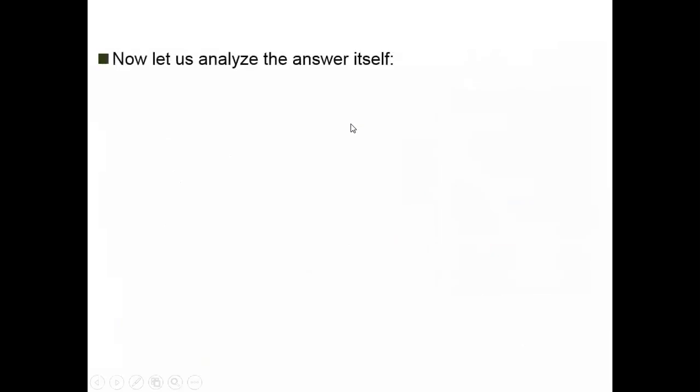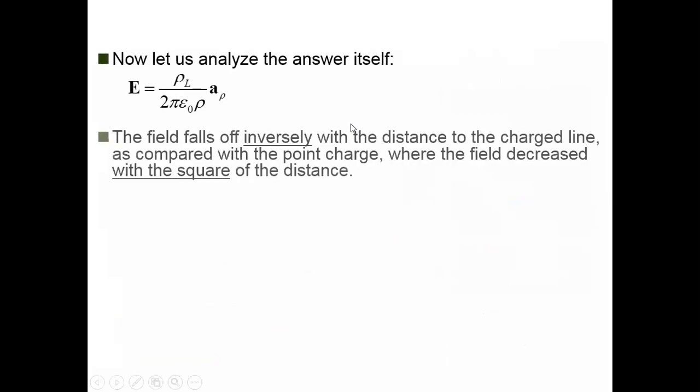So this is the final expression: rho L upon 2 pi epsilon naught a rho. As I have already said, the field falls off inversely with the distance to the charge line. So this is inversely proportional to the distance. Another important point to be noted here: in the case of the point charge, yesterday we saw this was kq upon r square.